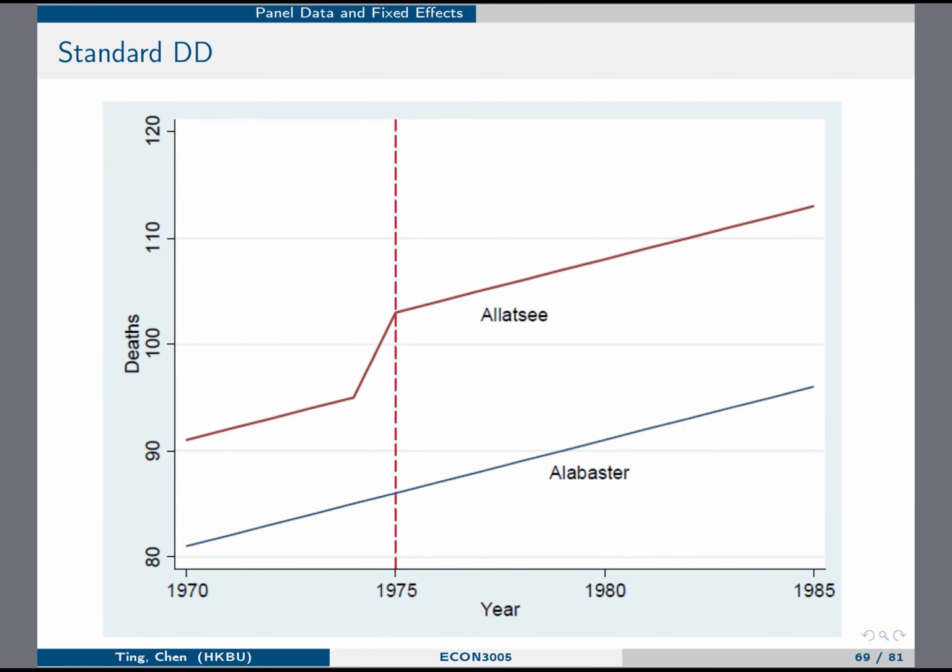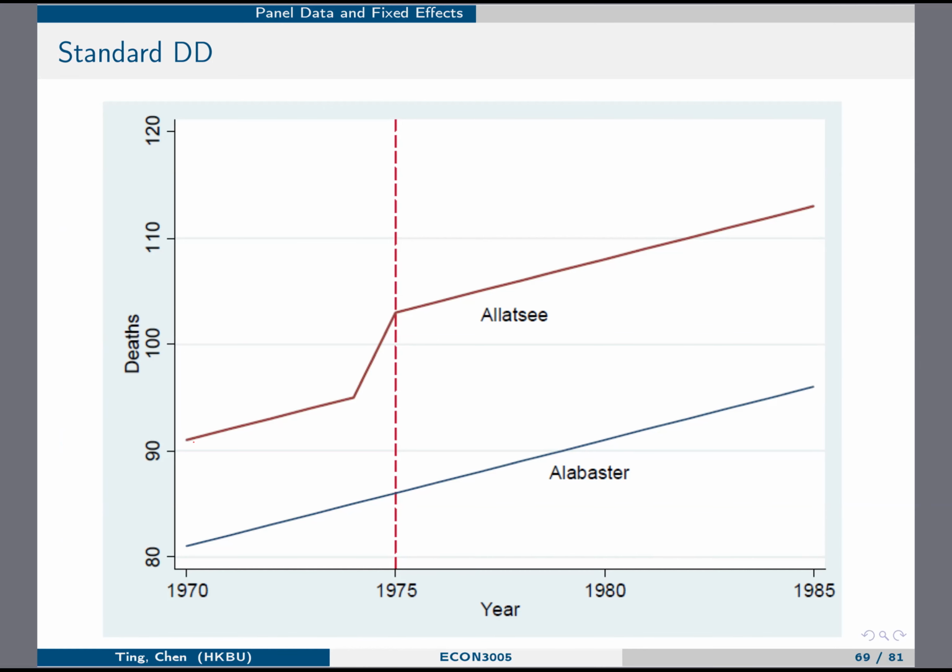So the parallel time trends mean that before the treatment in 1975, between the years 1970 to 1974, the death rate grows at the same rate for both states. And then after treatment, it also grows at the same rate.